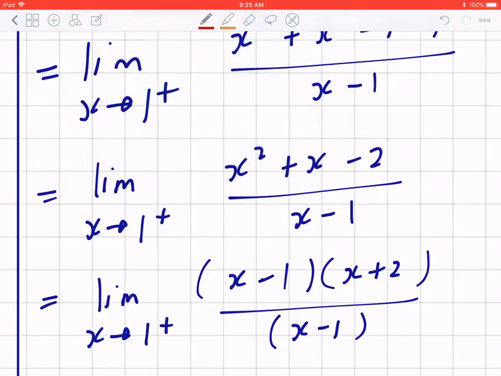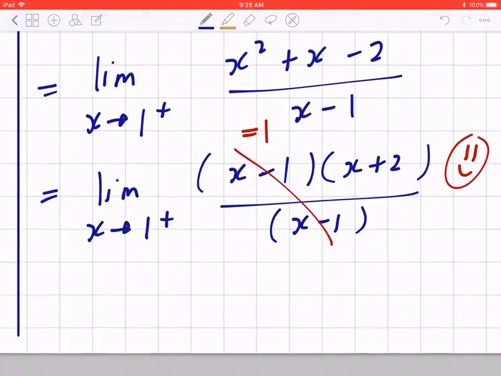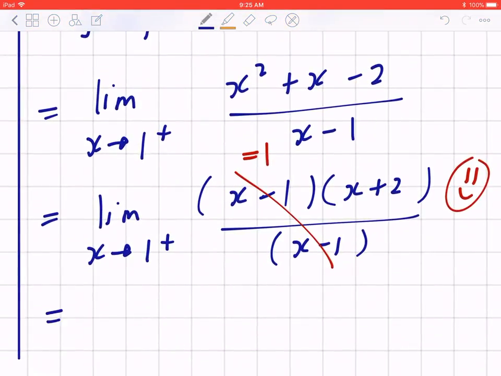Again, the fact that you can cross out x minus 1 divided by x minus 1 is an indicator the factoring is working and you're getting closer to the final answer. So I go back to step 1. I plug in x to be 1. 1 plus 2 is going to be 3. Again, just be mindful that at this part of the limit, the function reduces to y equals x plus 2 for x greater than 1.